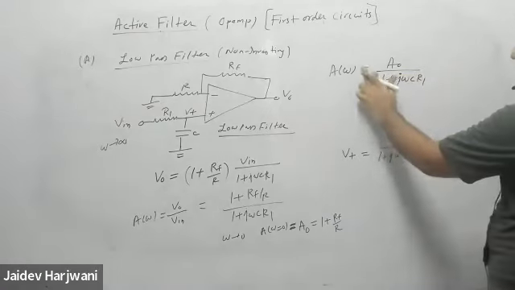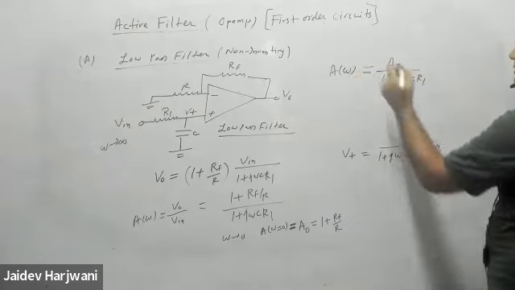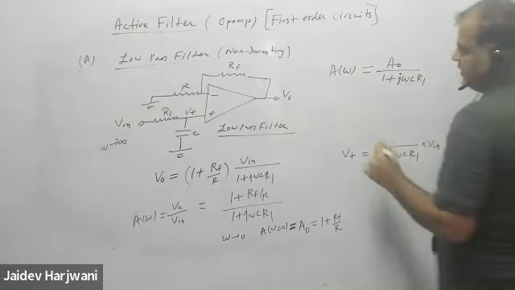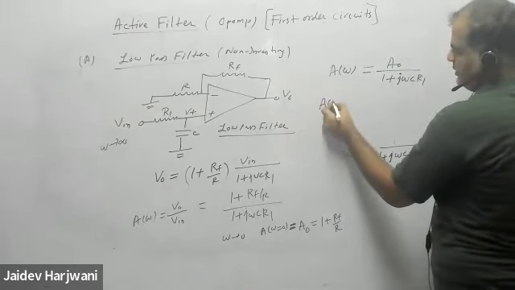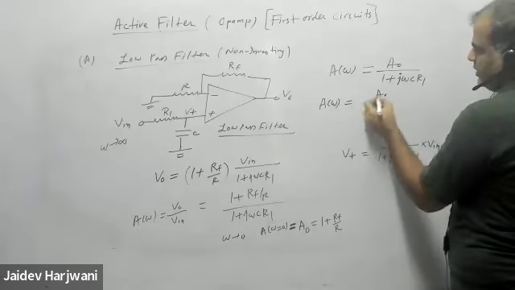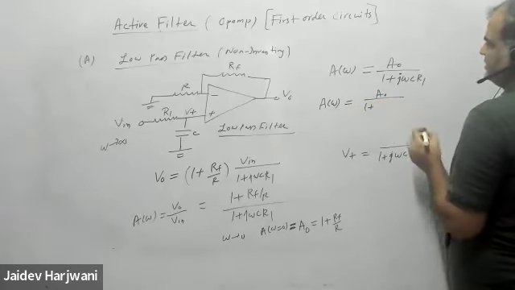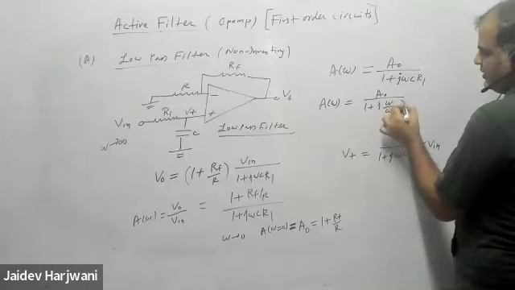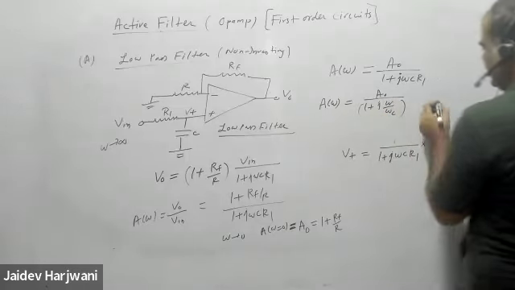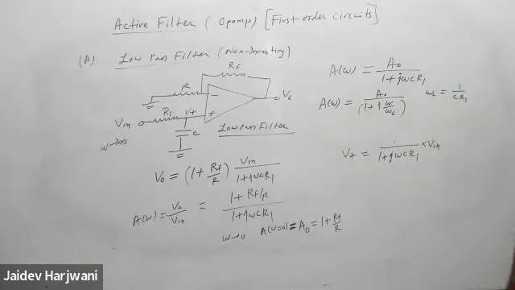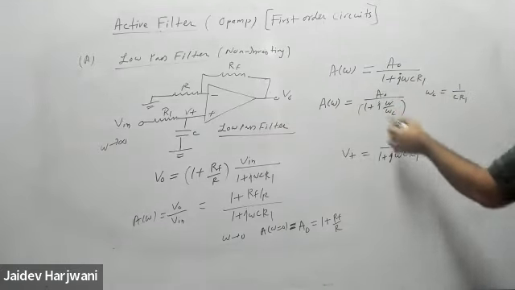Now what you can write? This expression we have already seen. If I define a cutoff frequency, 1 plus j omega upon omega C, where omega C is what? 1 upon C R1. So I can write this expression like this.